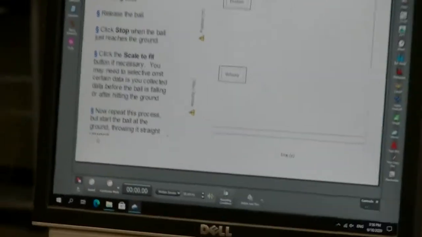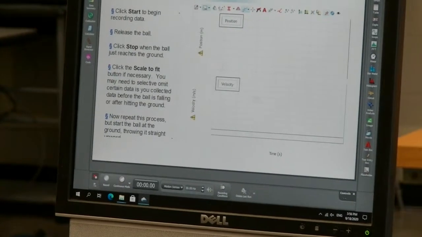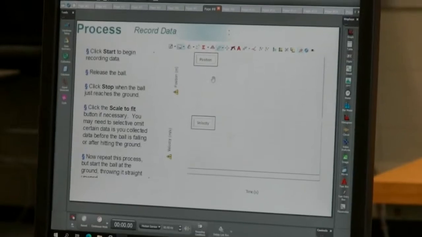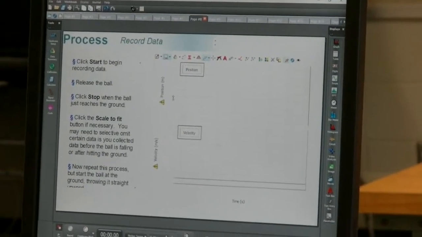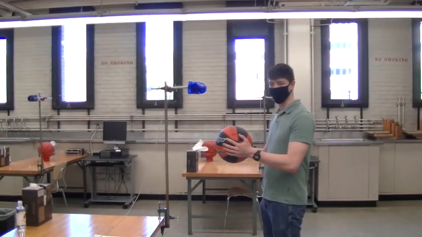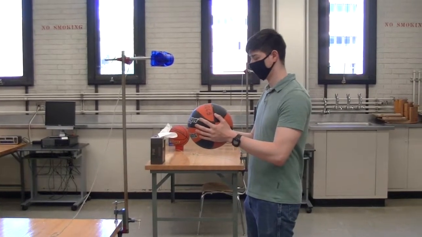So you just have to press record before you start, and then once the graphs are there, we will be fitting the graphs with straight lines for velocity and parabolas for position, and then from that we will determine the acceleration.